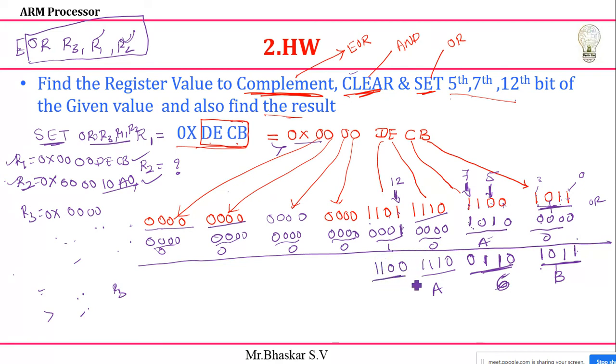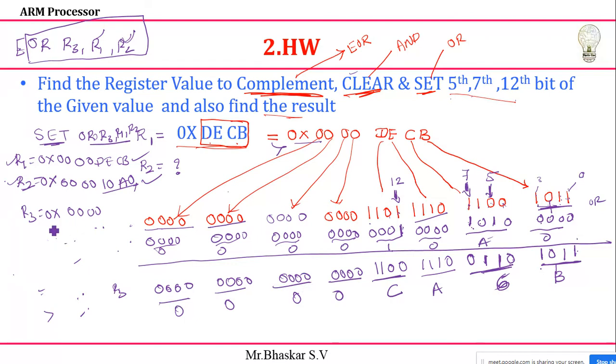What is double 1 double 0? C. So the remaining, I'll get zeros only. If you want, you can find out, I'll get 0 0 0 0. Okay, so this is also 0, this is also 0, this is also 0, this is also 0. In my result, it is 0.